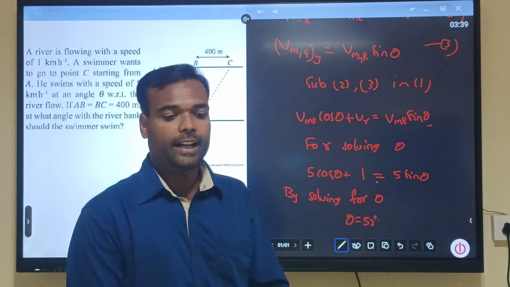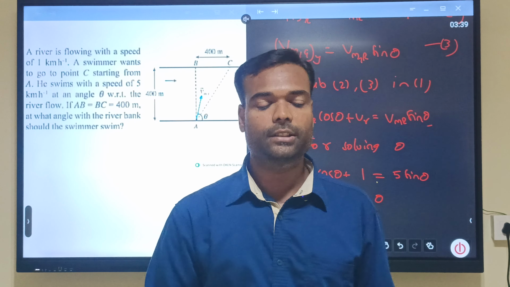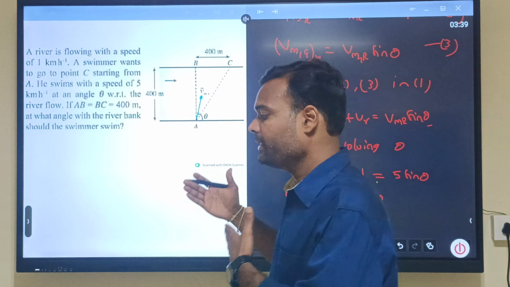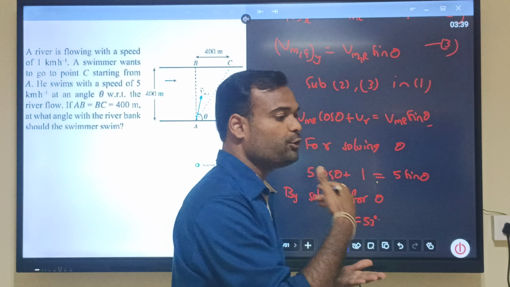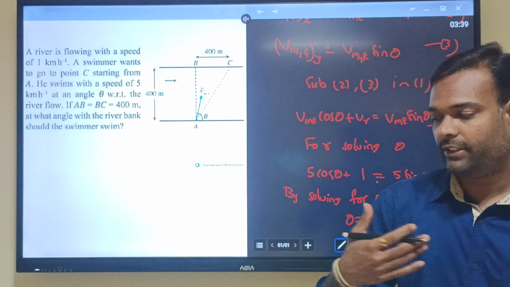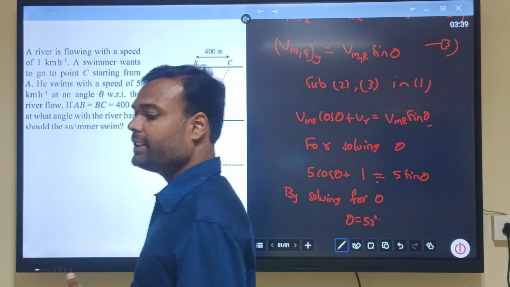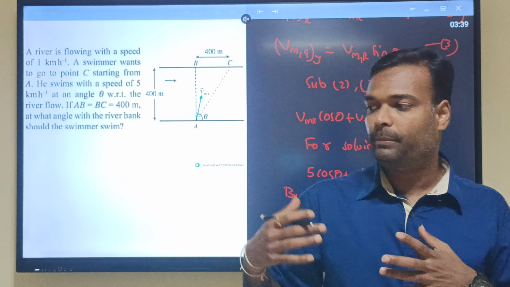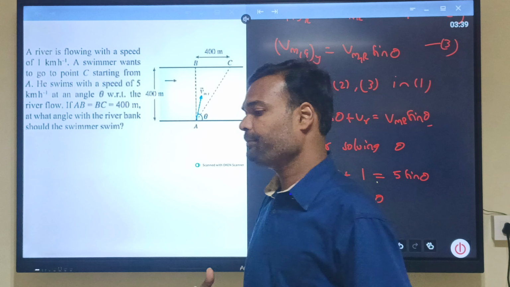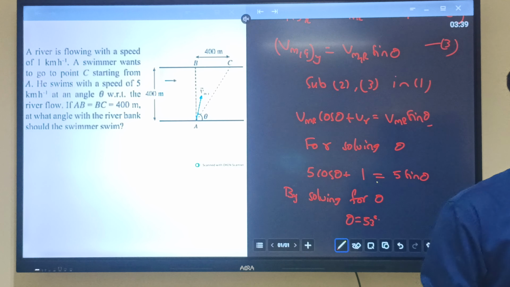53 degrees. And again and again I am saying, first follow my concept 100% clearly. After that, solve these numericals again and again, twice or thrice. After that, try to solve these numericals yourself without the aid of my solution. Once you get clarity on the concept and solving these numericals yourself, then try to open your worksheet.